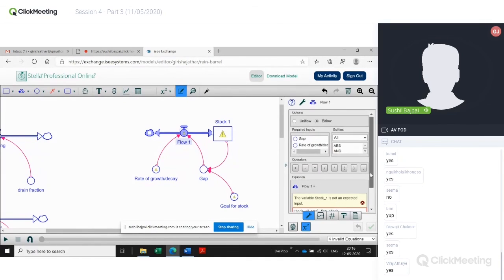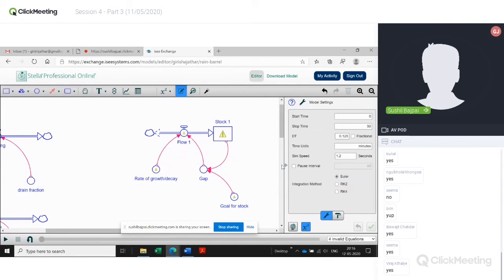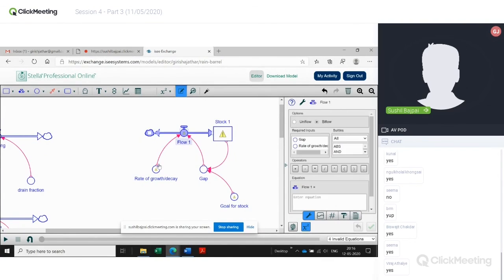First put this red cross, you cancel it. You have to put some gap into rate of growth there. Yeah, exactly. That's the equation.